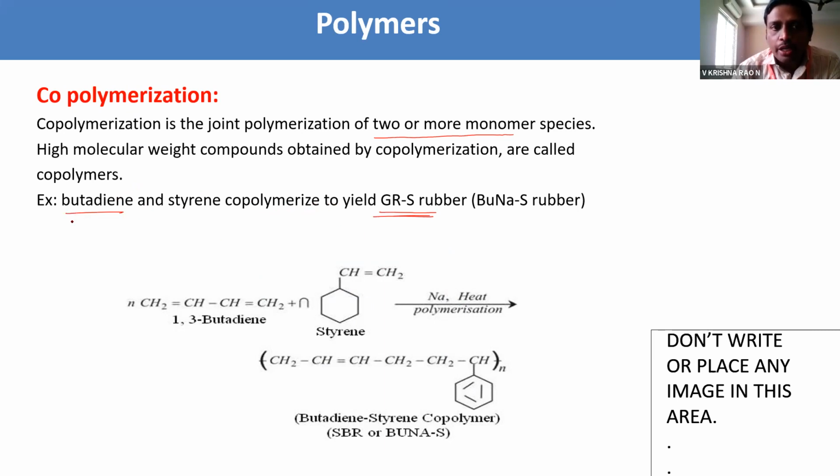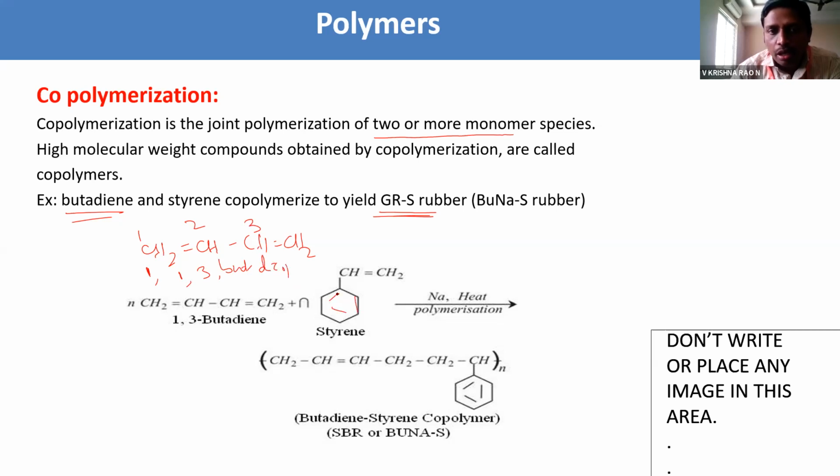copolymerization. Here, 1,3-butadiene. The formula for butadiene is CH2 double bond CH double bond CH2. On the first position a double bond is present, and on the third carbon we have another double bond, so 1,3-butadiene. 1,3-butadiene reacts with styrene, both having double bonds.